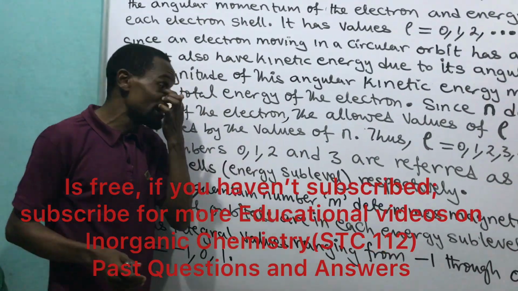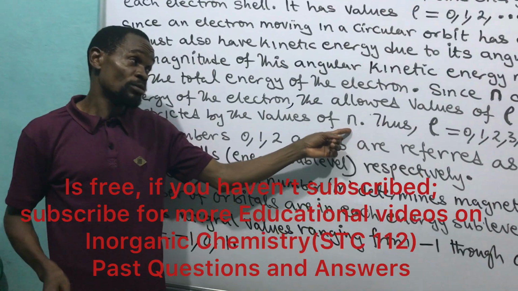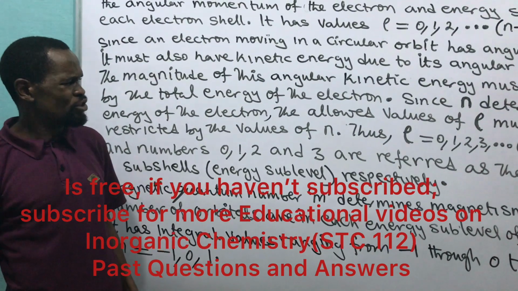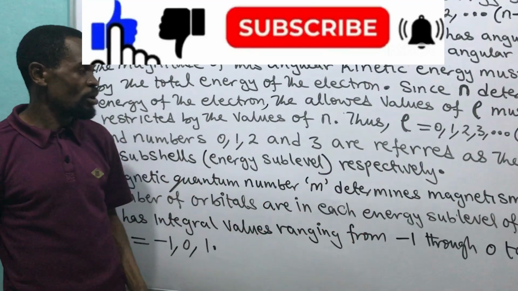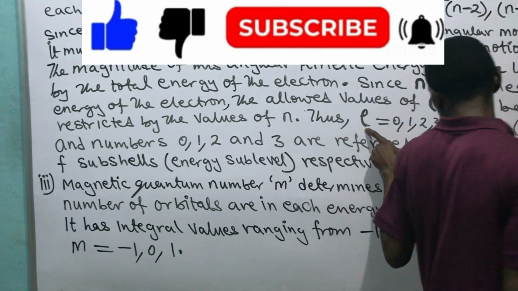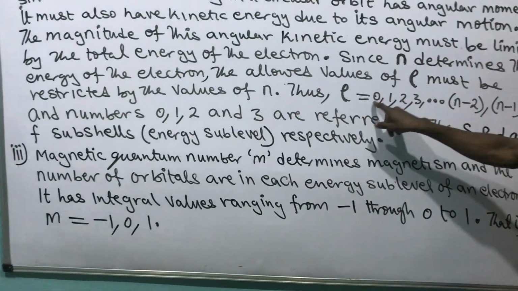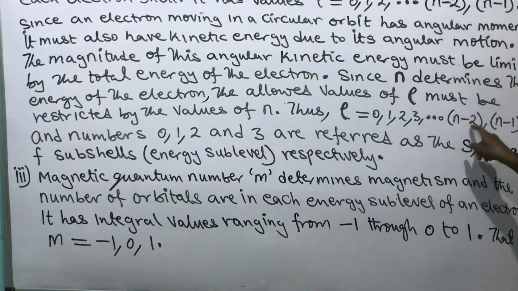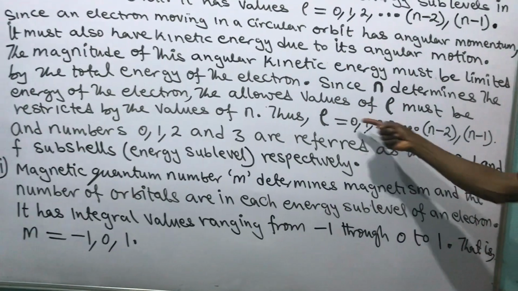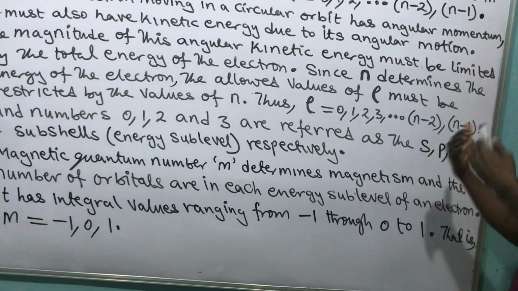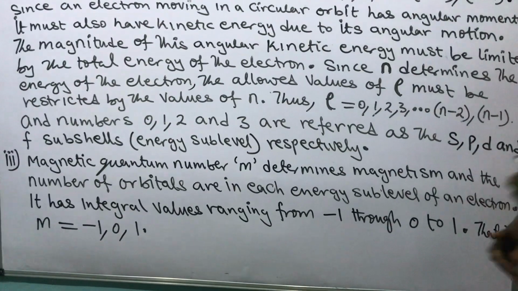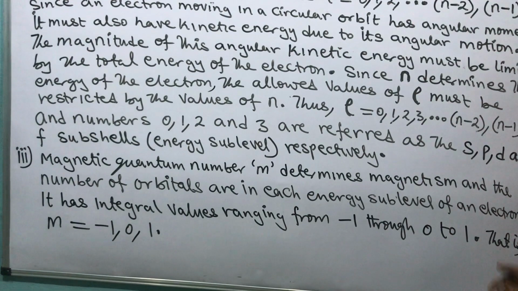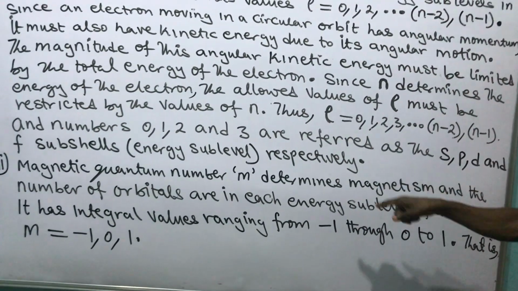Since n determines the energy level, it has to restrict the value of the angular momentum quantum number, which runs 0, 1, 2, 3, up to n minus 1. The energy level determines the kinetic energy, and the kinetic energy determines the angular momentum you possess. Therefore, n determines L.